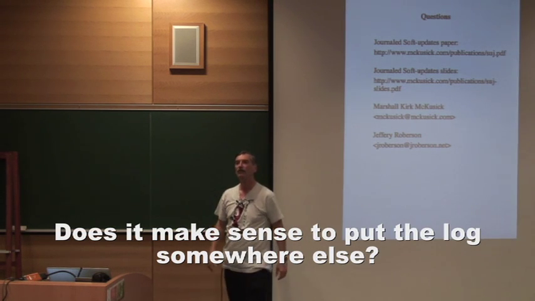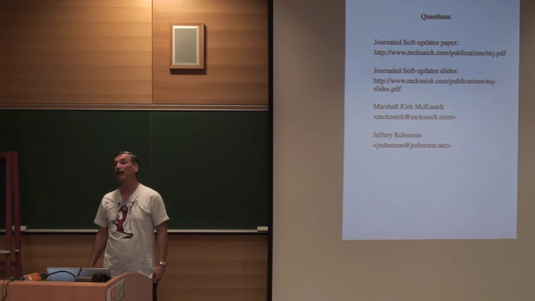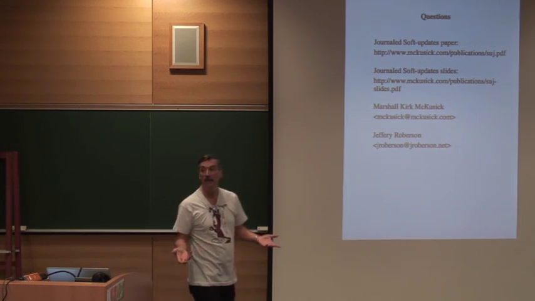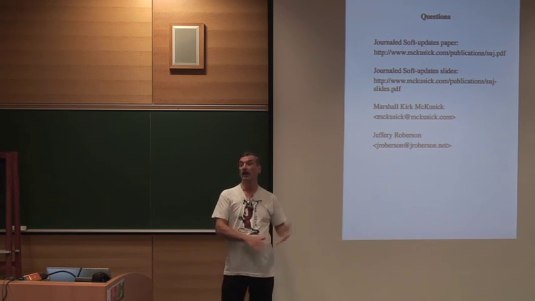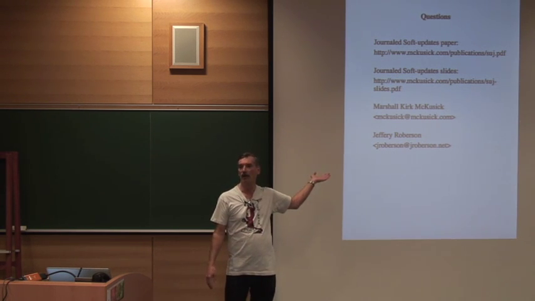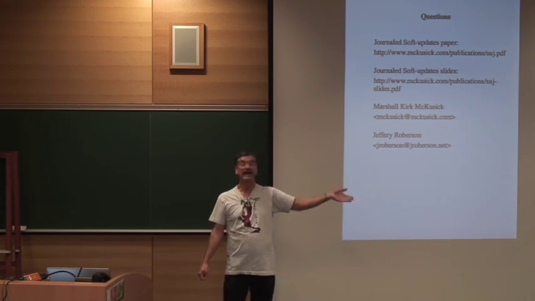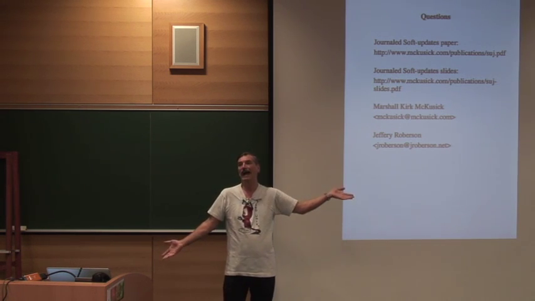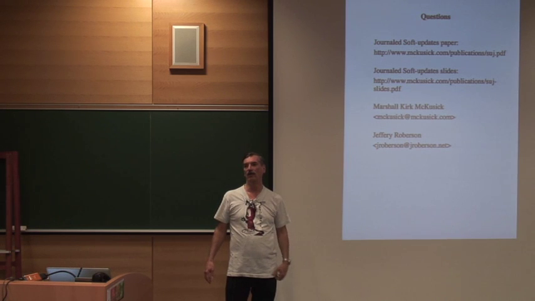Would there be any point in putting the logs on some other media? If you had something like NVRAM or some other sort of faster media, that would certainly help you, because that would get rid of all the places where we block on the log. That would be a simple solution to the performance issues that we're seeing. Putting it on another disk probably wouldn't make much difference, because we haven't found that to really be a bottleneck at all.